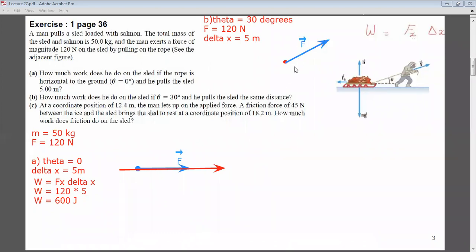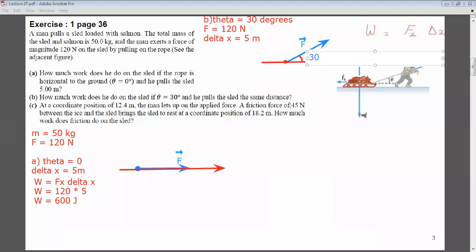The object is moving along the horizontal line and the force is making an angle theta. So we have to draw our x-axis. This angle here is 30 degrees.